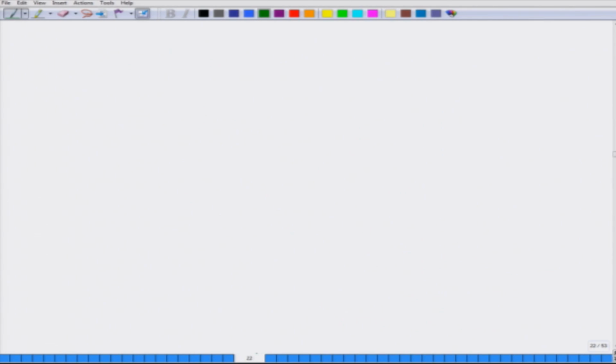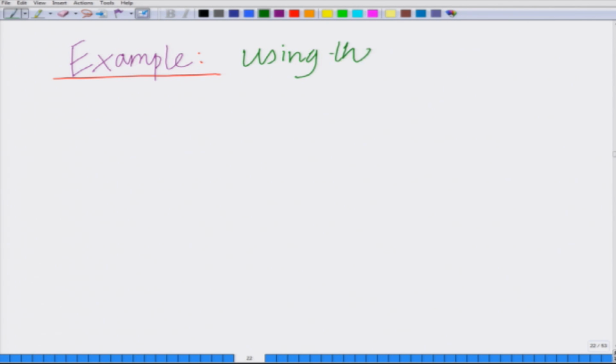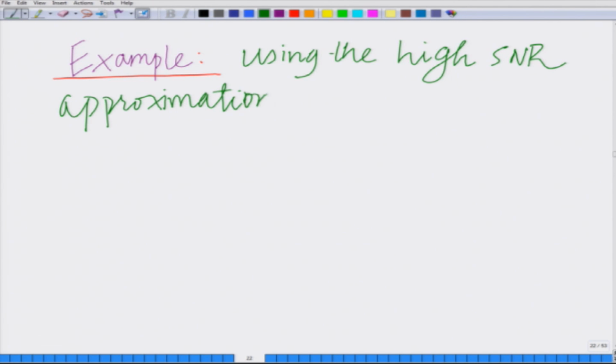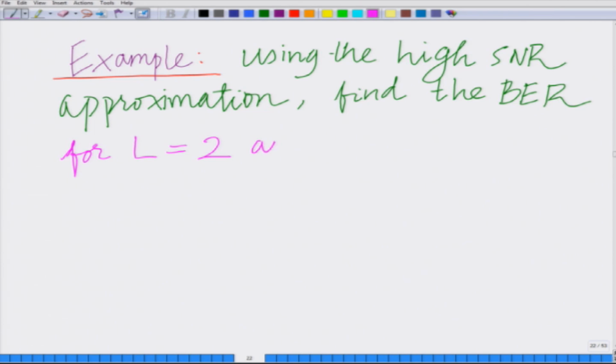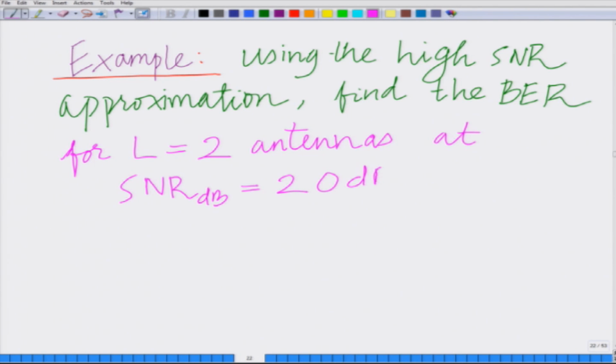So let us do some examples to understand this. For example, using the high SNR approximation for the bit error rate, find the BER or bit error rate for L equal to 2 antennas at SNR equals 20 dB.